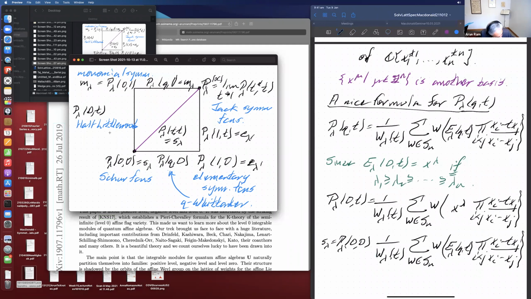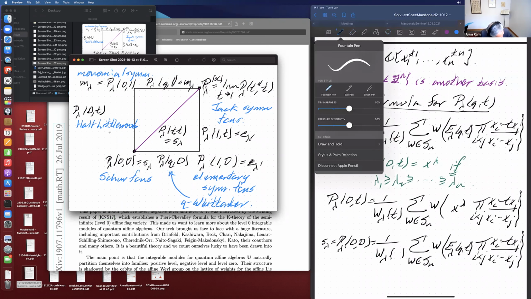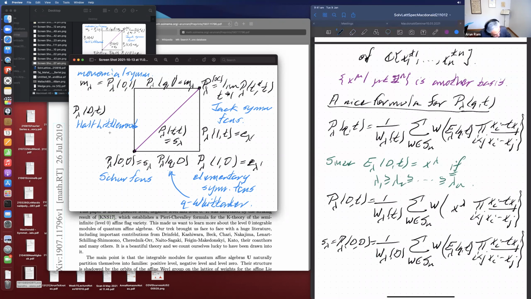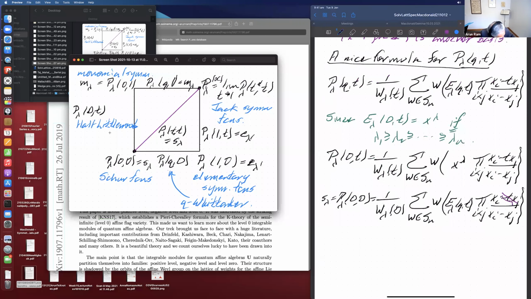When t equal to 0, that normalization becomes 1, and this factor disappears. And that's actually your favorite formula for the Schur function: symmetrize with a Vandermonde in the denominator. So you could use that as an excuse to look at the Schur function if you didn't know that before.